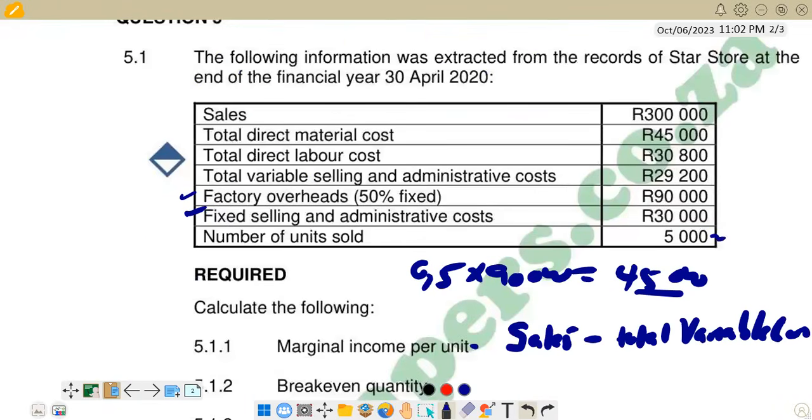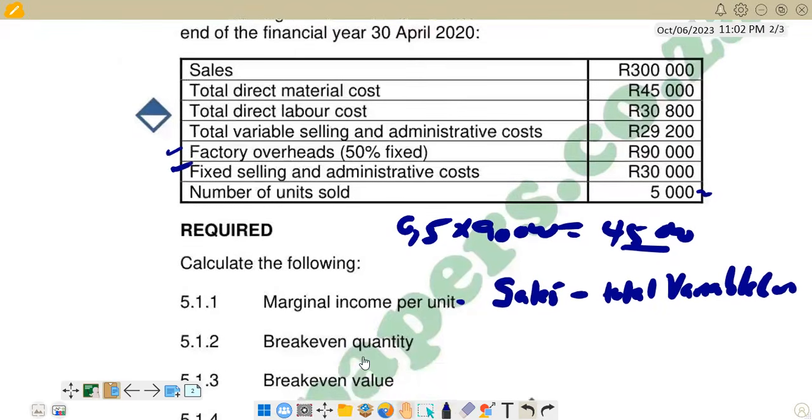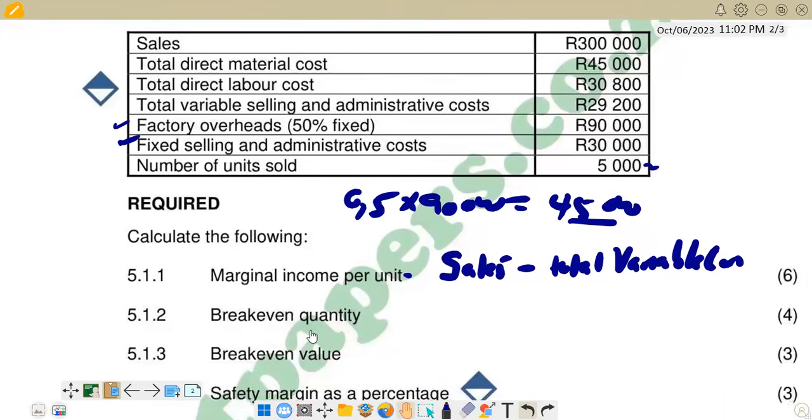The next question is saying break-even quantity. And we know to find our break-even quantity, the formula is fixed cost over selling price minus variable cost. That's the formula that we use to find the break-even quantity.